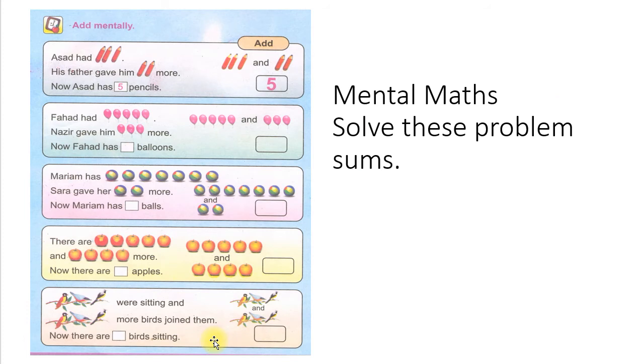Okay, now it's called mental math. Mental math, it's also from your book page 56. Asad had, what is this? Pencils. Asad had 3 pencils. Count 1 2 3. His father gave him, how many gave him? 1 2. 2 more.